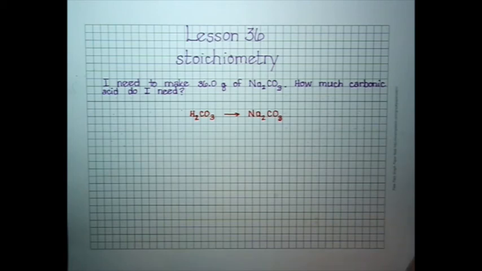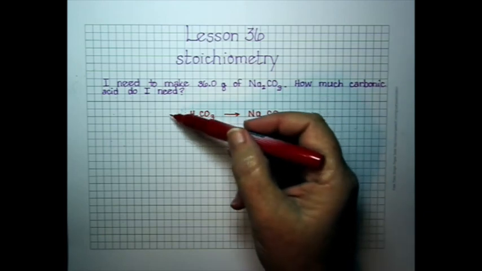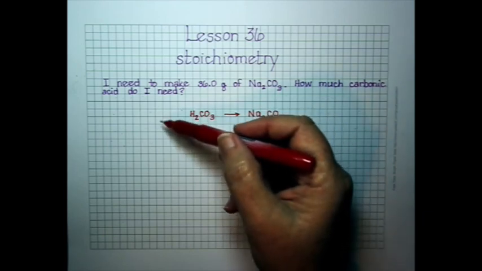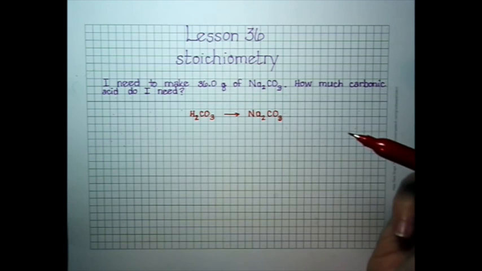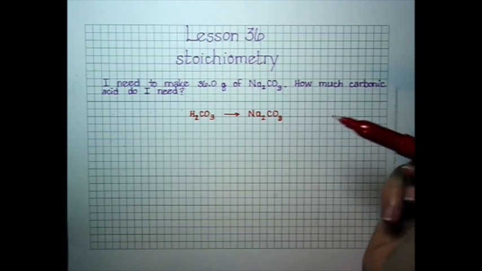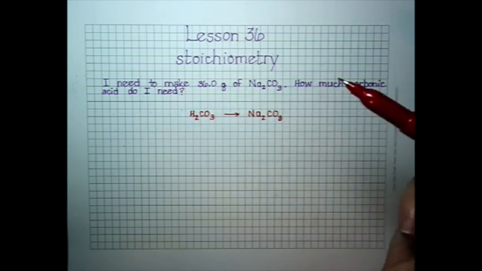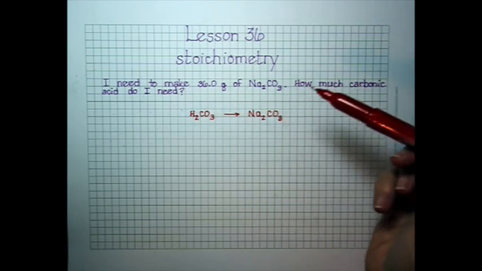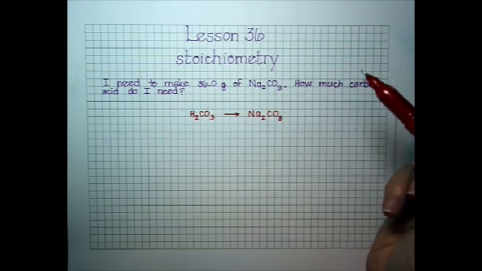We are free to pick whatever it's going to take to do this. We could choose to do this as a single replacement reaction and make our other reactant sodium, so that we'd have an element and a compound. We could choose to make this a double replacement reaction and make it sodium hydroxide. We could choose to do all kinds of things.